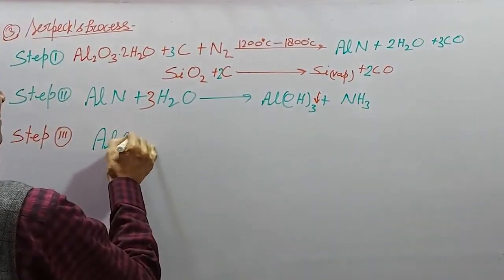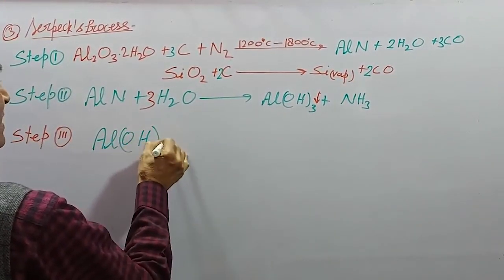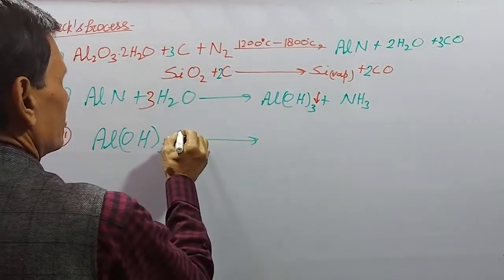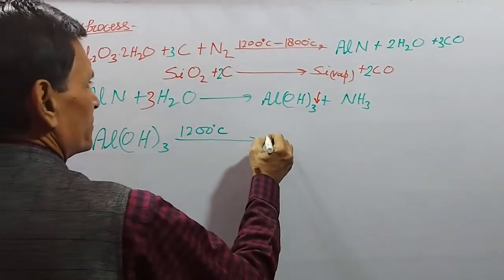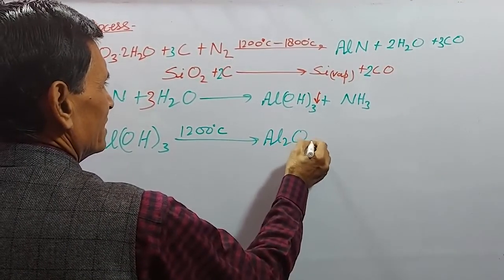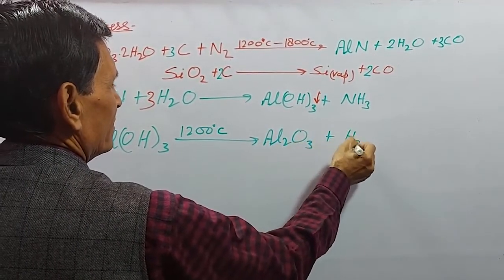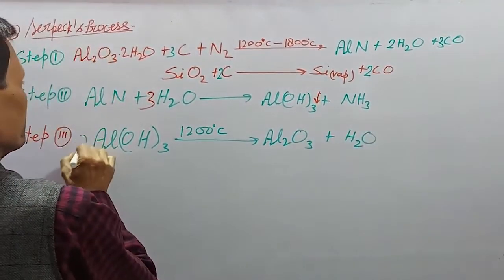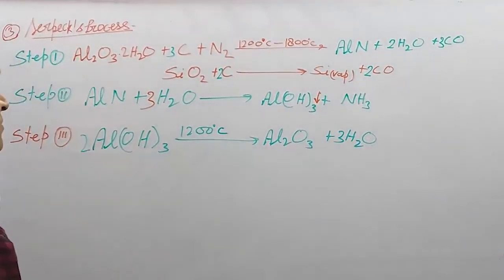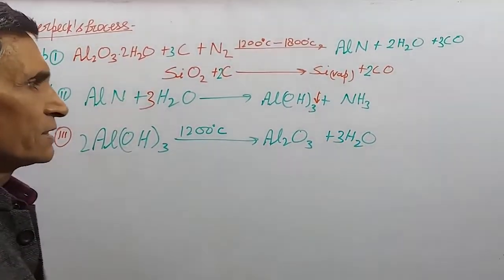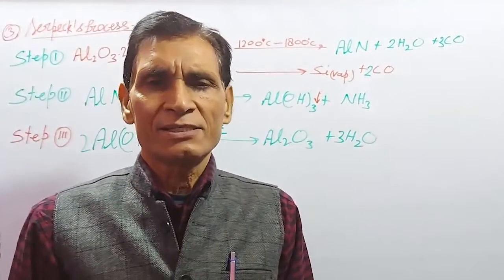Aluminium hydroxide is heated strongly around 1200 degrees centigrade to obtain pure Al2O3. Water is removed here. That way bauxite is purified by Serpeks process.